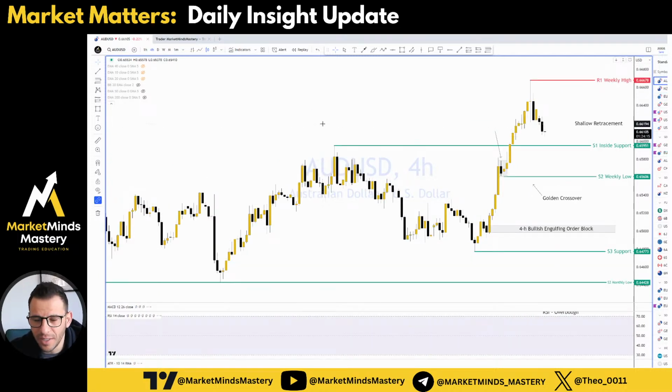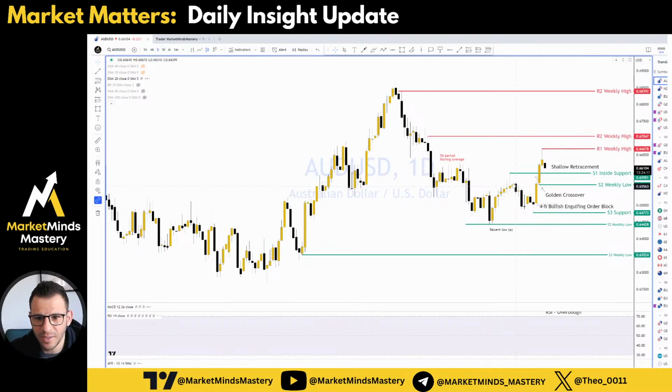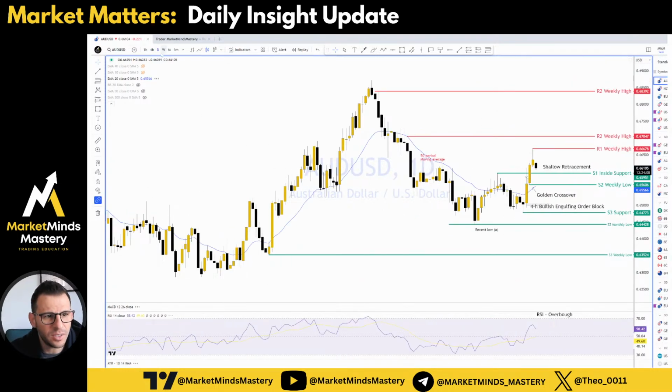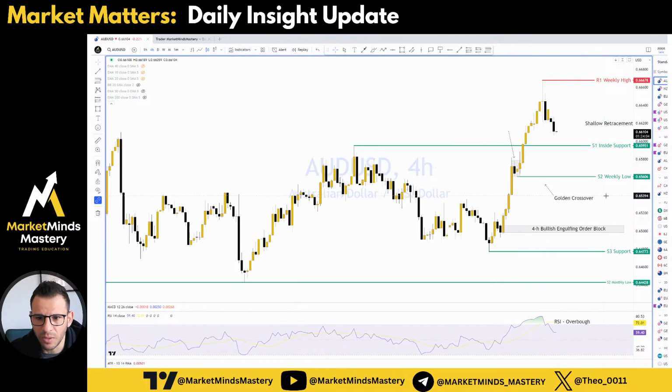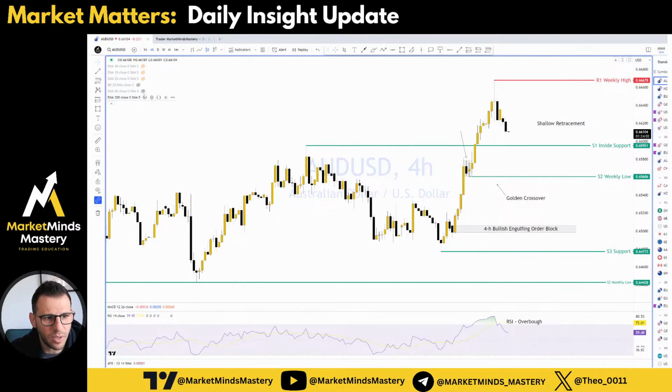Australian dollar. If you guys see on the daily chart, no, we can't see it really well. So on the 4-hour time frame, if we use the 50 and the 200 period moving average, here it's the golden cross. When the 50 crosses above the 200 period, we call it golden cross, and it's a strong bullish signal.